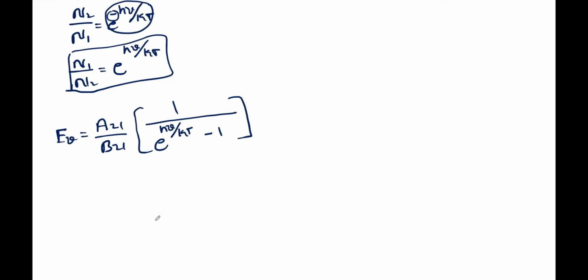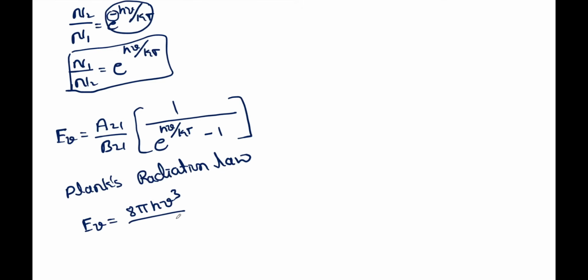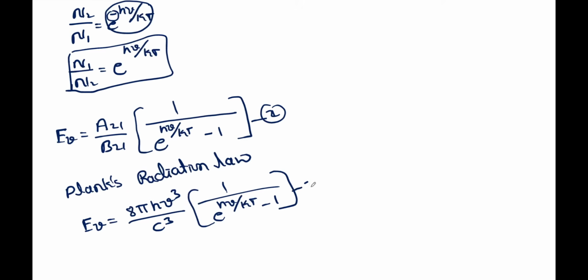By considering Planck's radiation law, E nu is equal to 8 pi h nu cube divided by c cube into 1 by e raised to h nu by kT minus 1. Take this as equation number 2 and equation number 3.